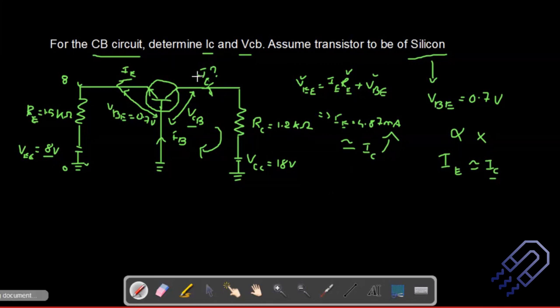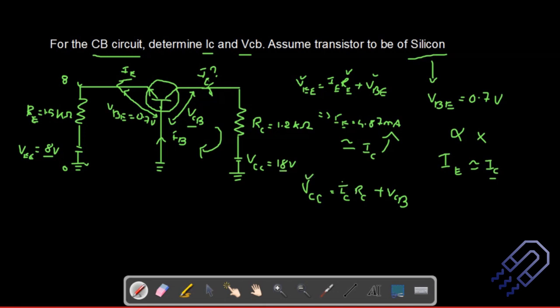Once you have IC, you can actually write down the equation on this side also, and this should be very easy again. So you have got VCC is equal to IC RC plus VCB. So you know what is VCC here? That's 18 volt, right?